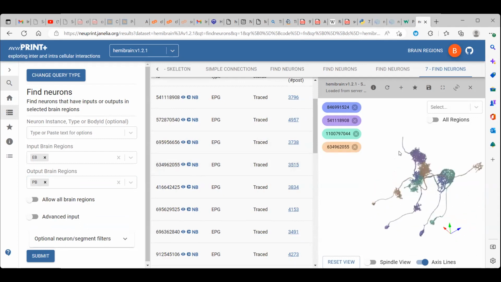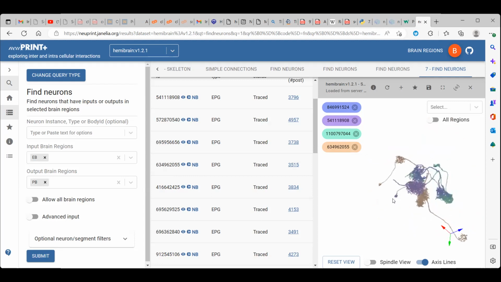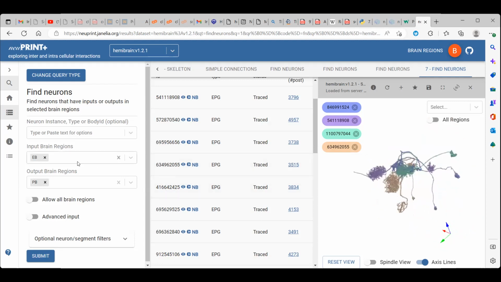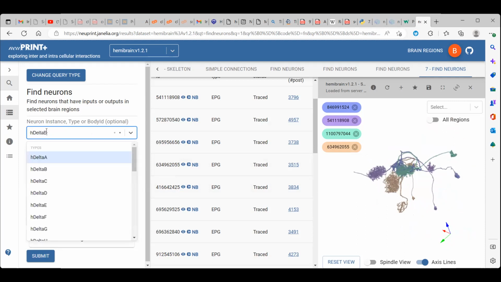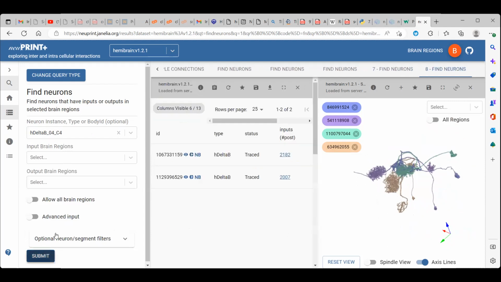It's here. I can also look, for example, at H delta B, for example this one.